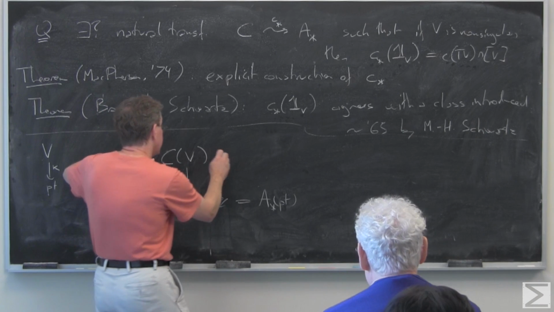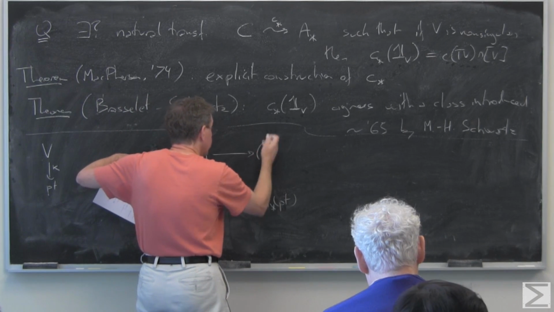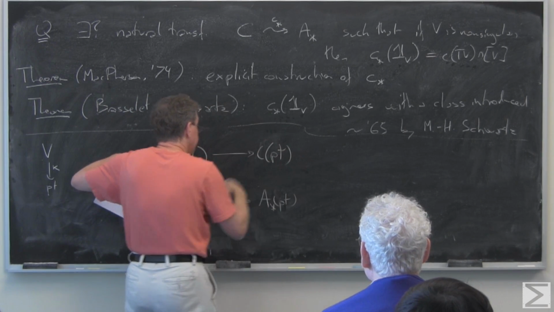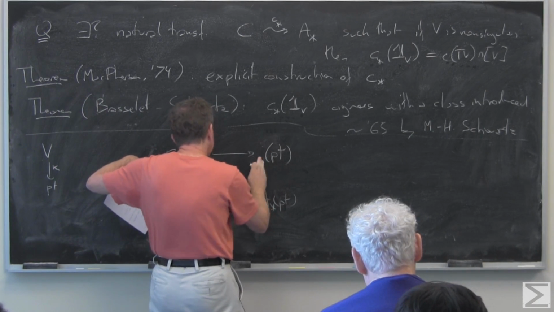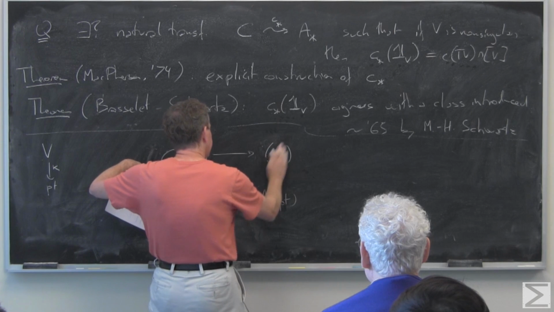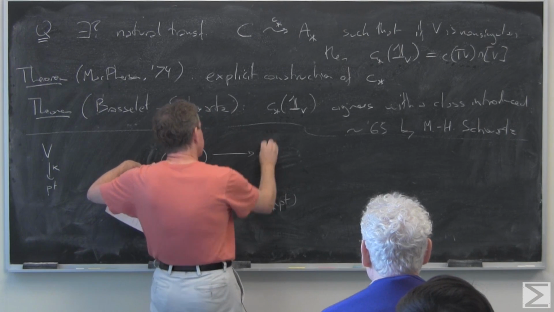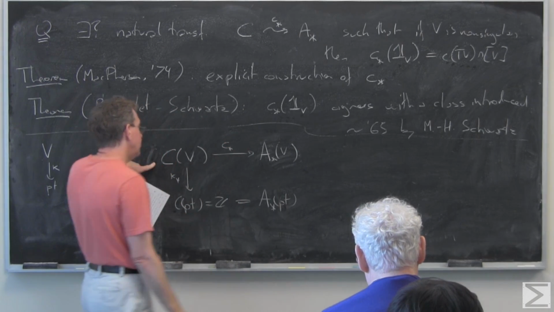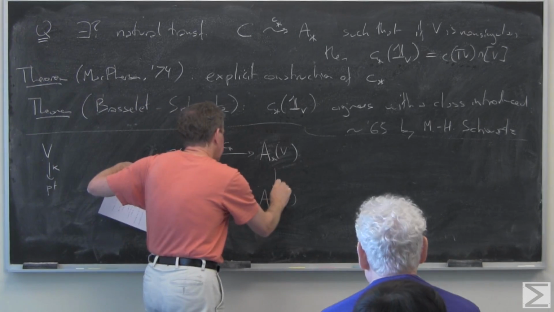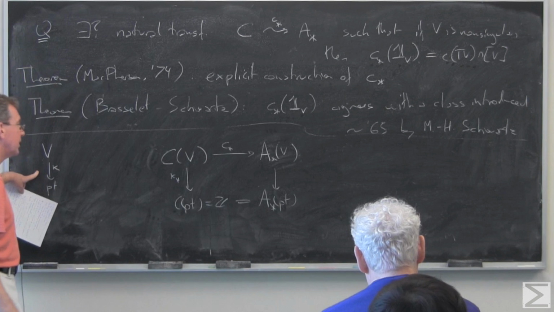On the other hand, up here, C is functorial, and that maps down to, sorry, what I need here is A lower star of V. This is my new thing. And now I can go down because kappa is proper.